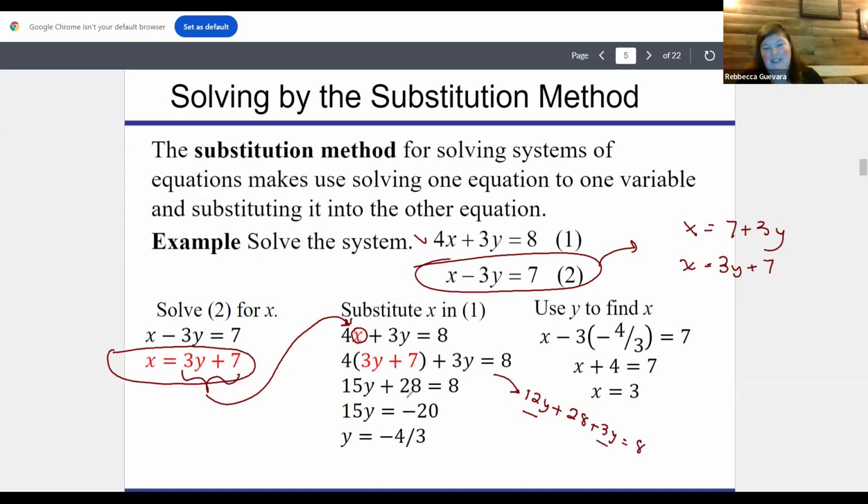Combining these, I end up with 15y plus 28 equals 8. After that, we subtract 28 from both sides, and I have 15y equals negative 20. So y is negative 4/3, or we could rewrite that as negative 1 1/3, or negative 1.333 repeating.